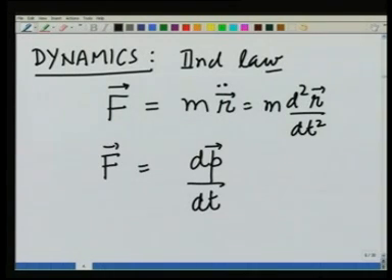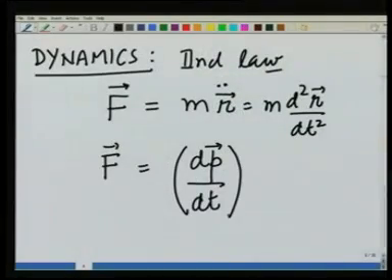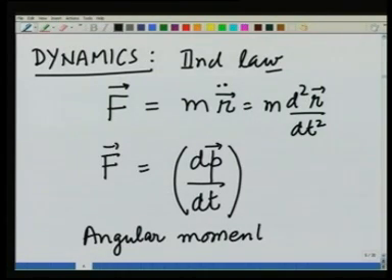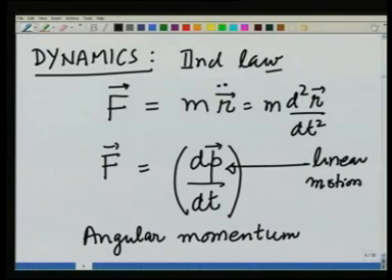The equivalent role that momentum plays in linear motion is played by angular momentum in describing the orientation of a body in rigid body dynamics, and let me denote it by a vector L. Angular momentum is a general concept, a general quantity that could be defined for any motion, but it is particularly useful in describing rigid body dynamics.